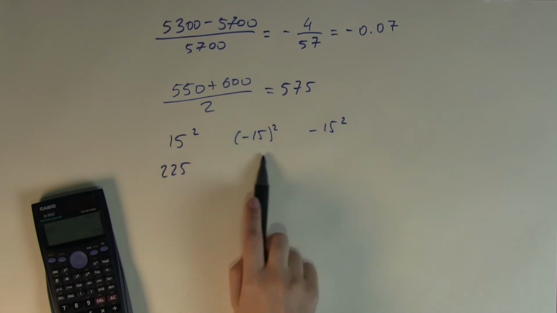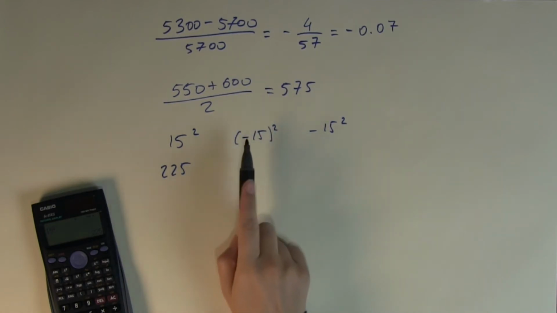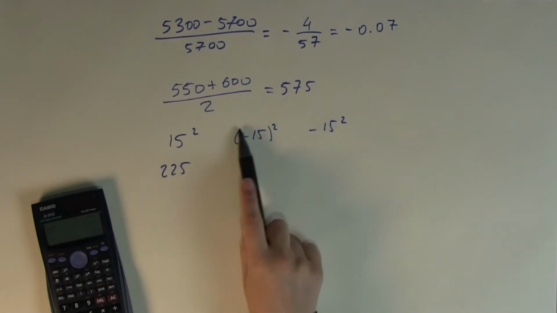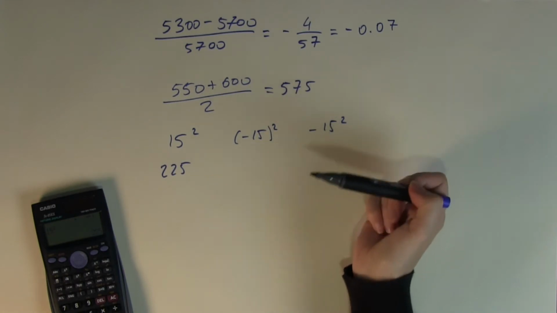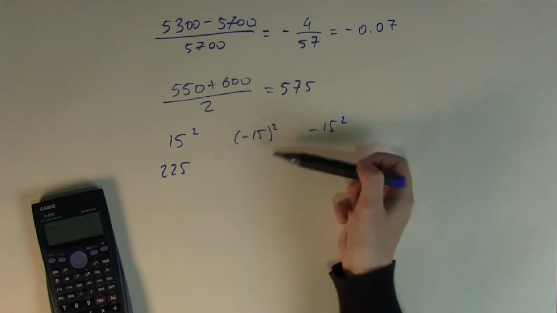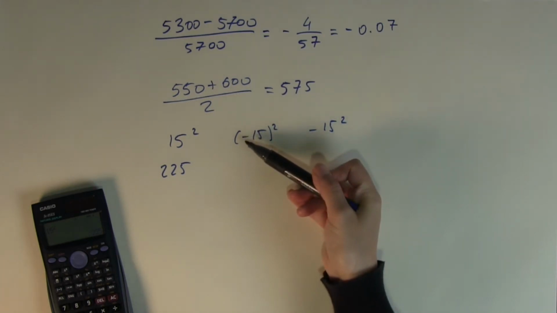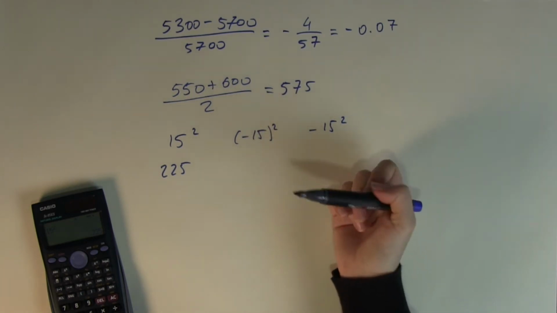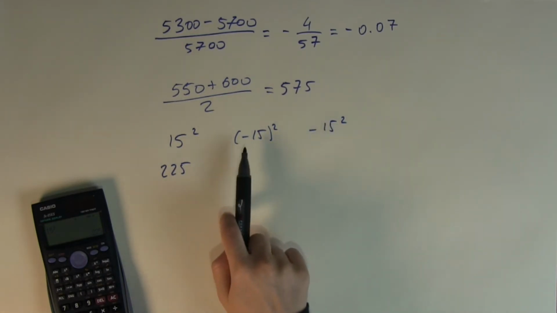Well, brackets are priorities, so that's telling me what I need to do first. In this particular case, it's telling me that I need to square the minus 15, not just the 15, the minus 15 altogether. So knowing that squaring a negative number is the same as multiplying negative by negative, I'm kind of doing away with the negative sign.